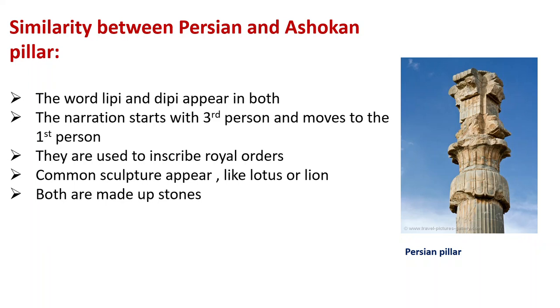Both of these start with the third person and towards the end switch to the first person, and these are used for inscribing the royal edicts. We can also see common figures like lotus or lion, and both are made of stone. These are the very few similarities between these pillars.